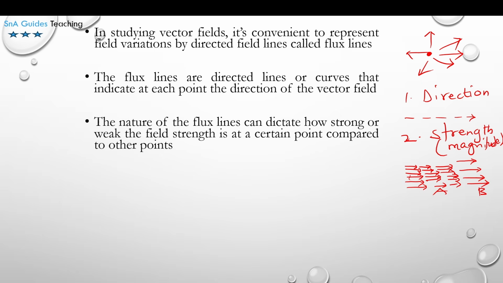And another difference is fewer lines in the same area, right? So at B, because the field is weak, the number of lines is going to be fewer given the same area. We could also have it drawn like this.